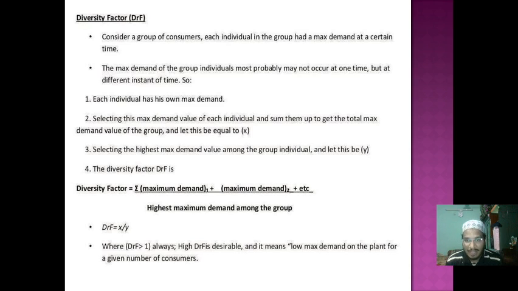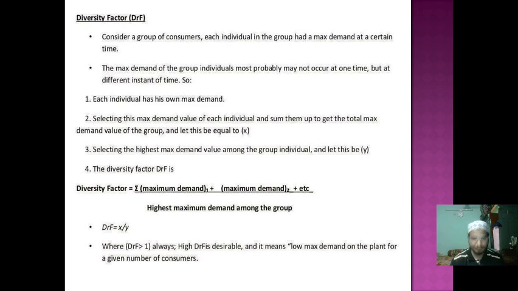For example, if I have 5 customers: 10 for the first customer's demand, 20 for the second customer, 30 for the third, 40 for the fourth, and 50 for the fifth customer.